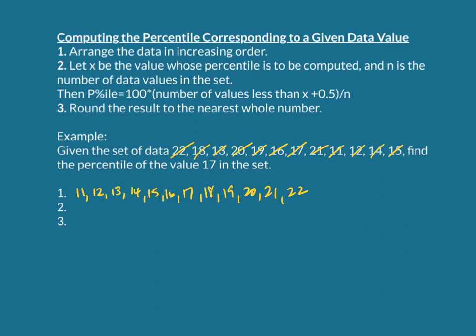So we have, again, 12 data values, so n is equal to 12. And we're looking for the percentile of the number 17. We need to count the number of values less than 17. So 1, 2, 3, 4, 5, 6 values are less than 17.